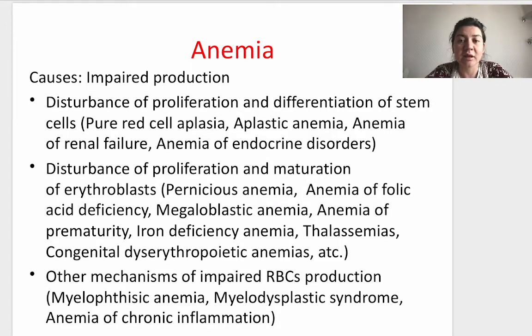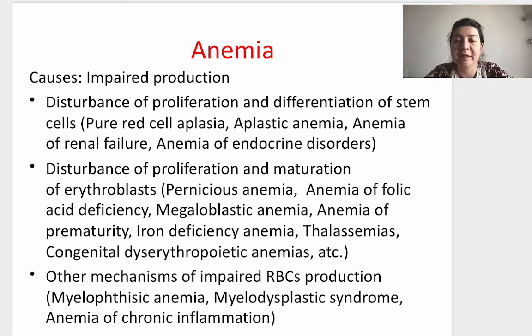Let's talk more about impaired production, or hypoplastic anemia. Disturbance of proliferation and differentiation of stem cells can be in pure red cell aplasia, in aplastic anemia, in anemia of renal failure, and anemia of endocrine disorders.